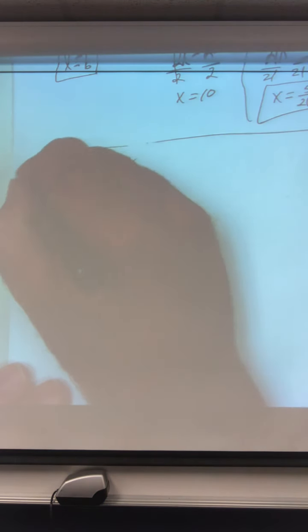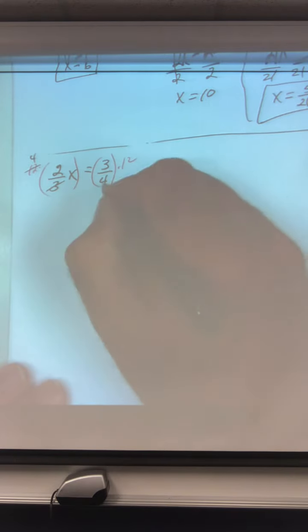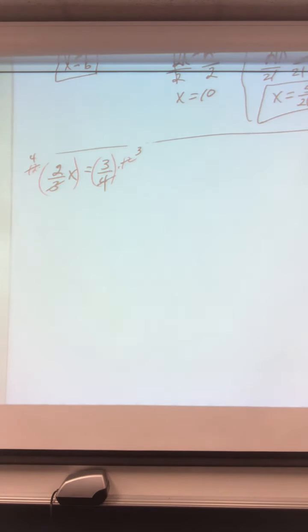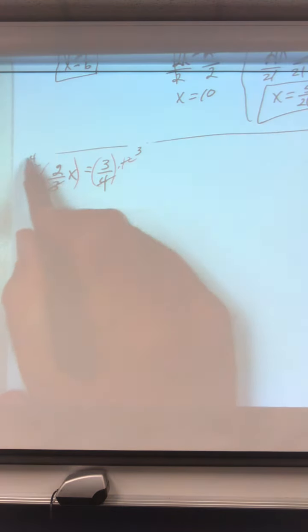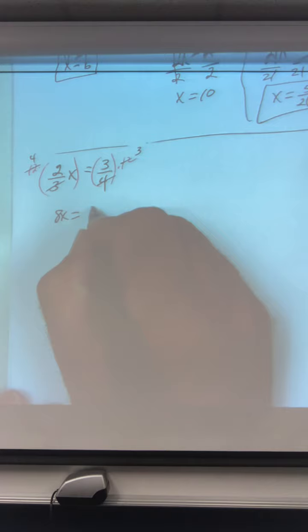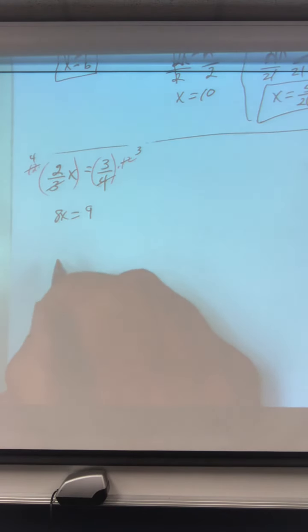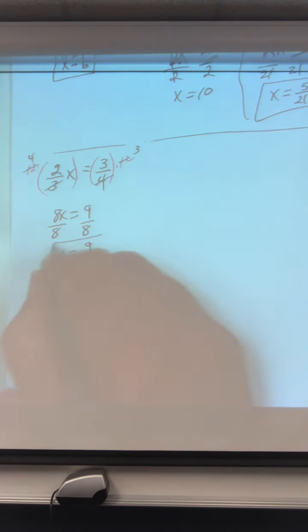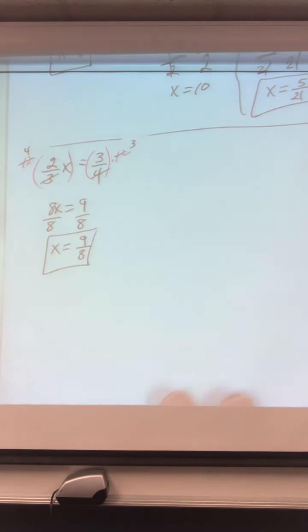So 3 goes into 12 4 times. 4 goes into 12 3 times. Now multiply what's left. So 4 times 2x is 8x equals 3 times 3, which is 9. Now we're right back to getting rid of that coefficient in front of that x. We do that by dividing and get x equals 9/8.